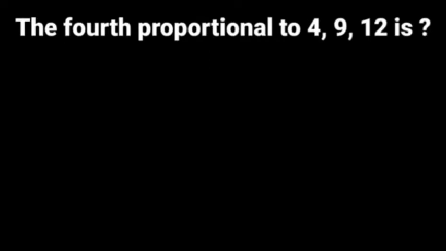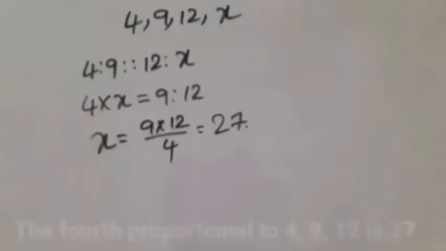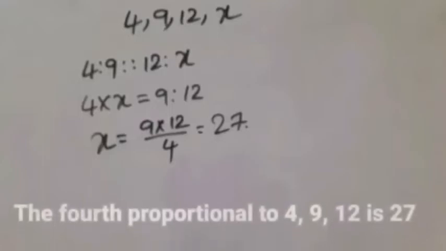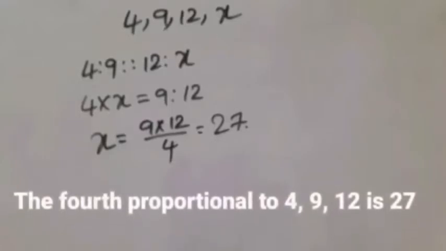Here it asks for the fourth proportional to 4, 9, 12. We discussed previously, if you have three terms like A, B, C and you want to calculate the fourth proportional, I already told how to calculate. So let's treat the fourth proportional as x. So 4 is to 9 is to 12 is to x.